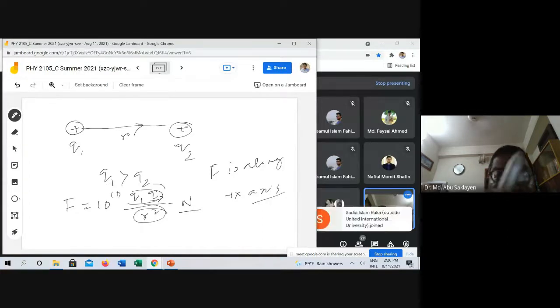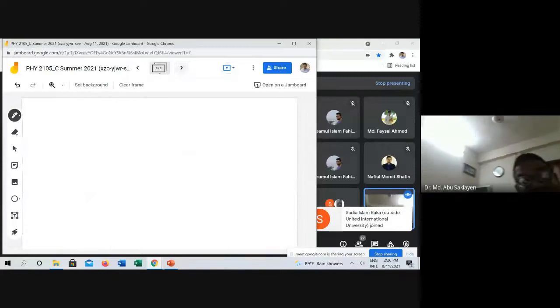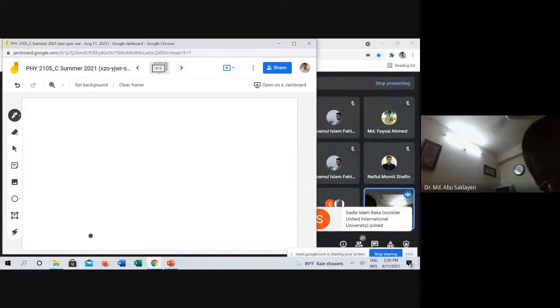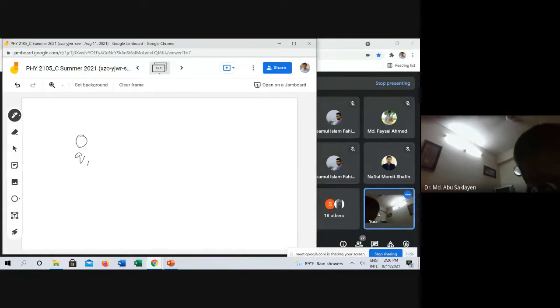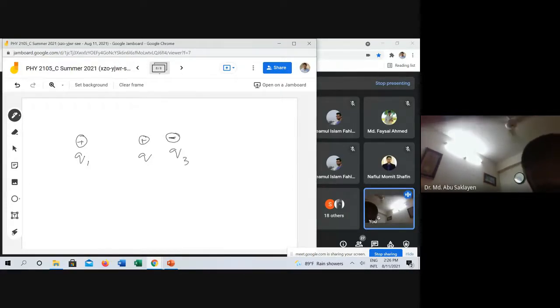Like, if I give you a problem: this is Q1, here Q2 is one charge, this is plus, this also plus, and this is minus, another charge Q3. What will be the force on Q1? This is the arrangement of charge.